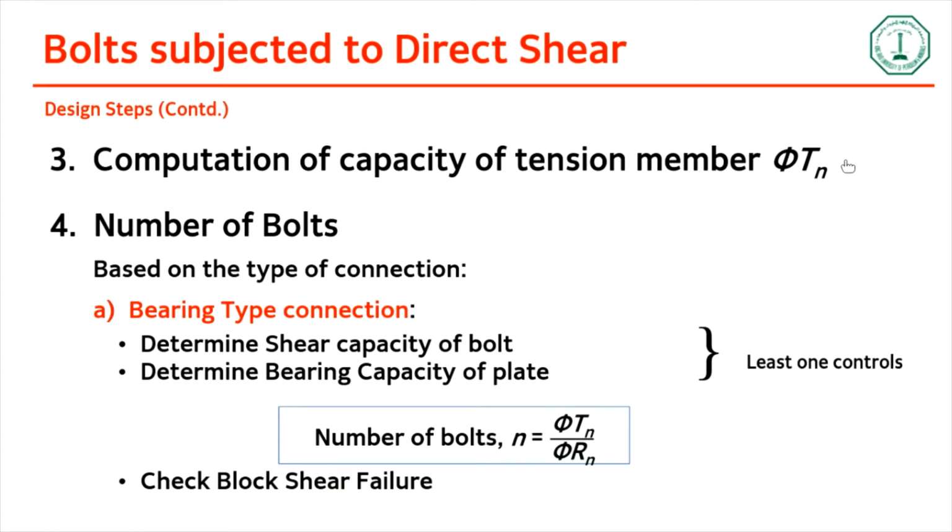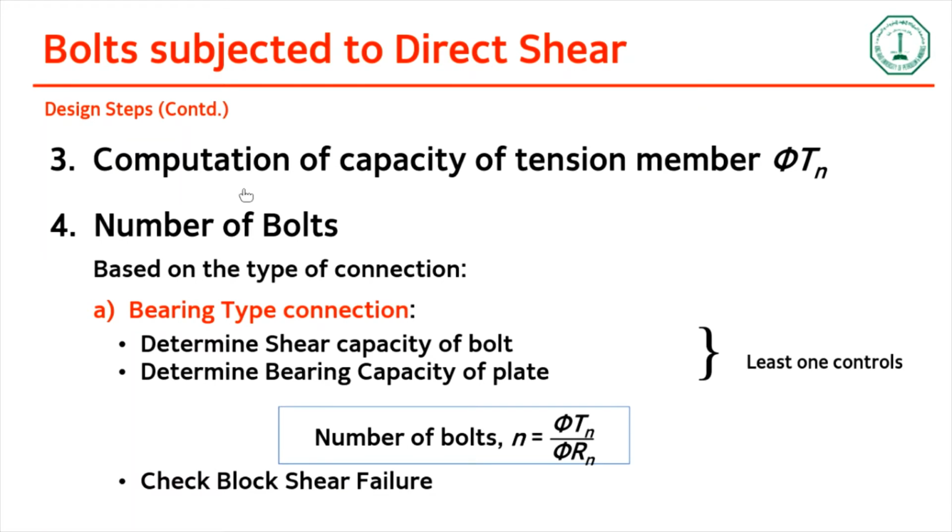This could also be TU if it's the ultimate load. Now suppose the ultimate load is not given to you, you have to design the bolts for the capacity of the member. You'll have to go back and calculate the capacity of the tension member, and then we calculate the number of bolts.